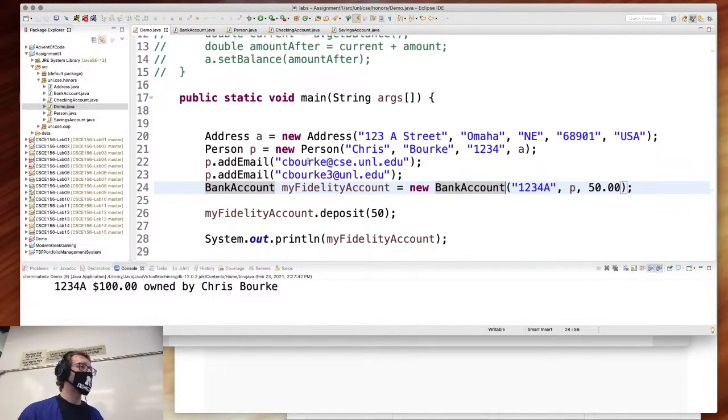So private, getters everywhere until you have a case where there's no way that I can do what I'm trying to do without opening it up a little bit. And so at that point you say, okay, fine, I'll go back and make it protected, not fully public, because protecting it is still my goal. But now I need to make it protected so that I can use it in the subclass.